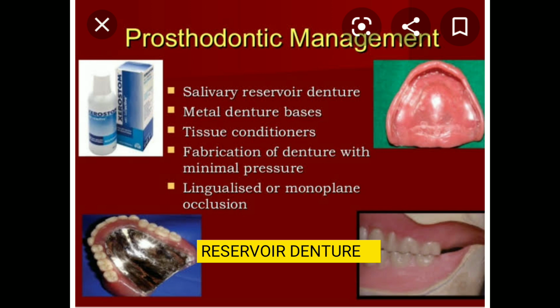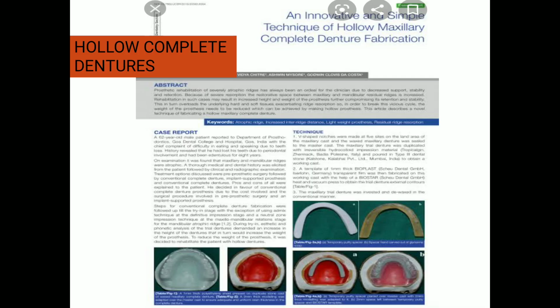In this type of denture, we create a space for the injection of artificial saliva, so that when the patient wears the denture, the condition of the oral cavity can be kept moist. You know the role of saliva in complete denture patients, how saliva improves retention. That's why these reservoir dentures are planned for xerostomic patients.